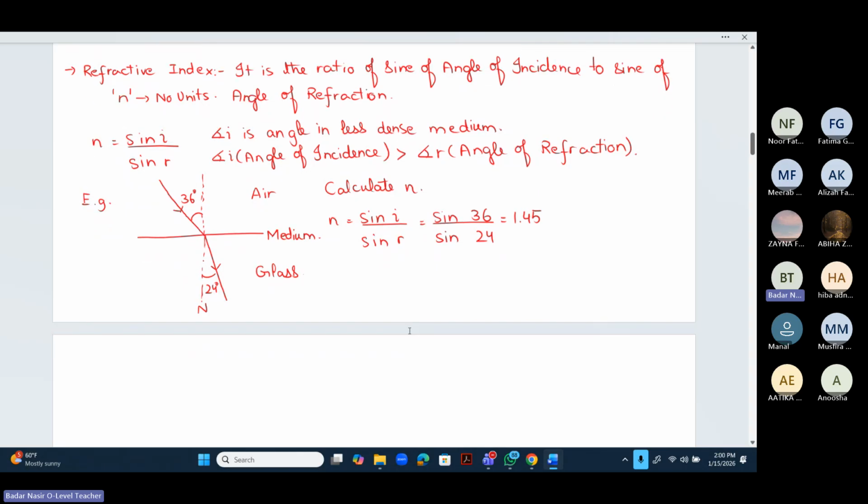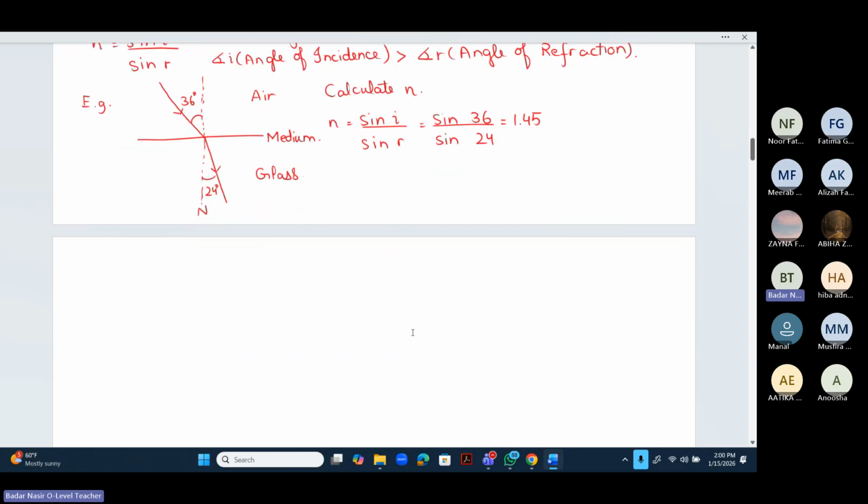Acha, now let's take another example in which students get confused. So if you get another question, now this time let's say this is the boundary and this is a ray, this is an incident ray, and the light is actually traveling from glass into the air.